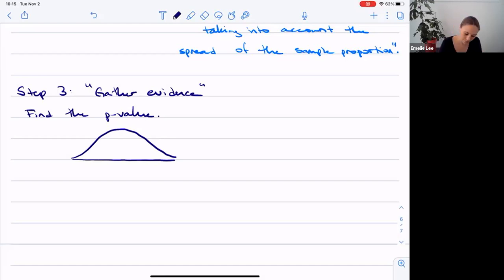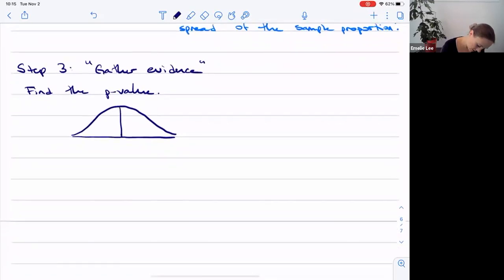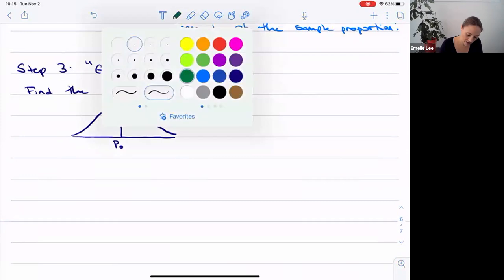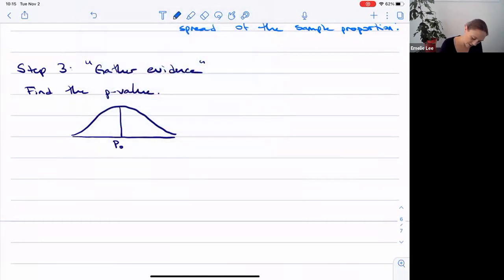So find the p-value. If we have some hypothesized proportion, it's going to be centered on p naught. Okay. And then we're going to have some p hat here, right? A sample proportion. Notice that it could have happened somewhere on the lower end as well. So I've got p hat, but p hat could have happened over here, right?